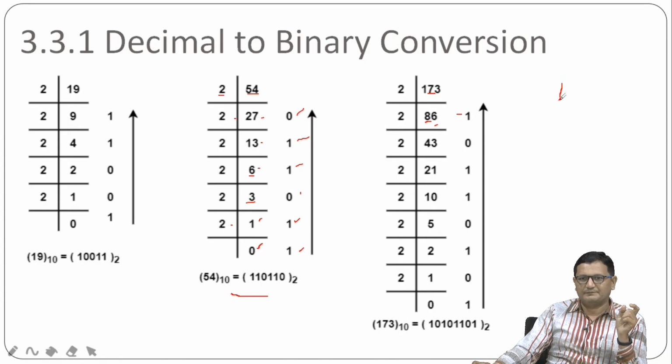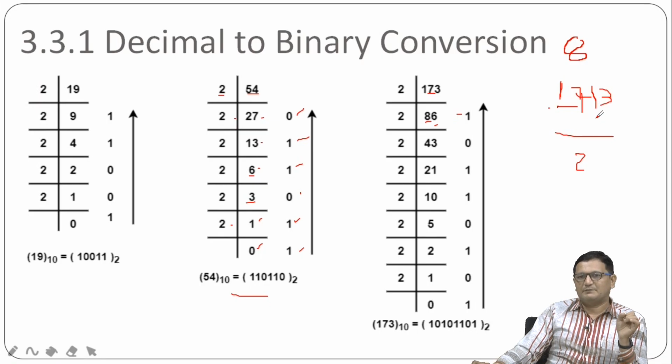It is something like this: 173. If we are dividing it by 2, first I try to divide 1 by 2, but 1 is smaller than 2, so I consider 2 digits, 17. 2 8s are 16, but this number is 17, so 1 is a remainder, you put it here.